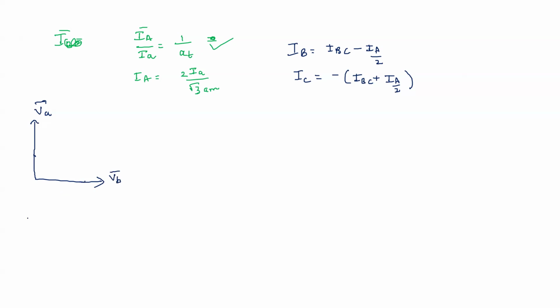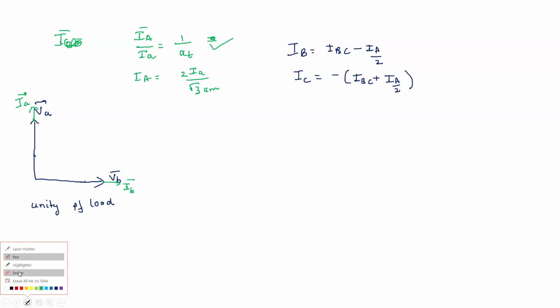Now for a unity power factor load, your IA and IB will also be in this direction. So this will be your IA, okay, and this will be your IB, in phase with the voltages. So now let me draw the phasor diagram for the currents.